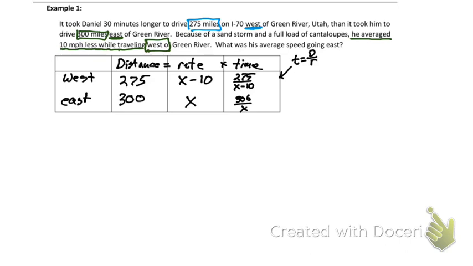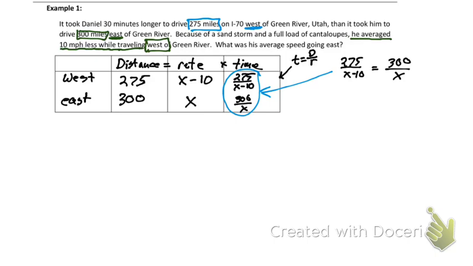Are the times between them equal? So I'm looking at these two. Would it be true if I set this up like this? 275 over x minus 10 equals 300 over x. Did it say that the two times are equal? No, it doesn't. Hopefully you can read the part that says that the times are not equal.